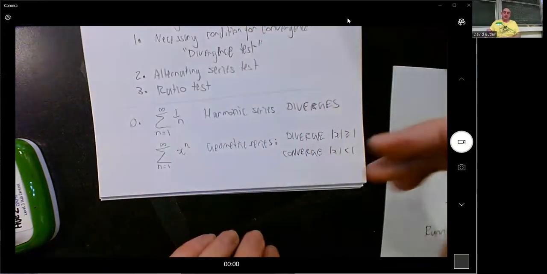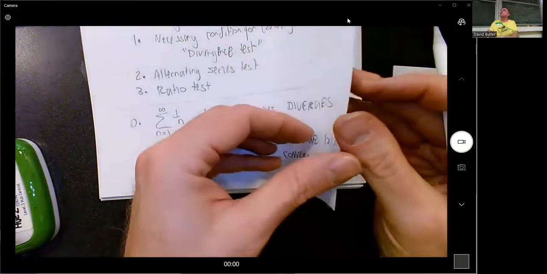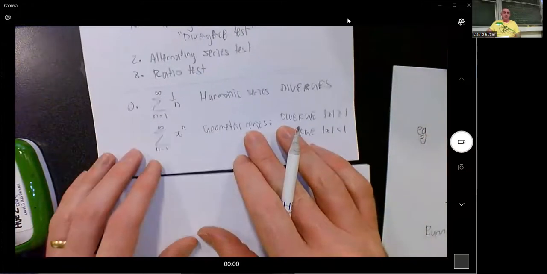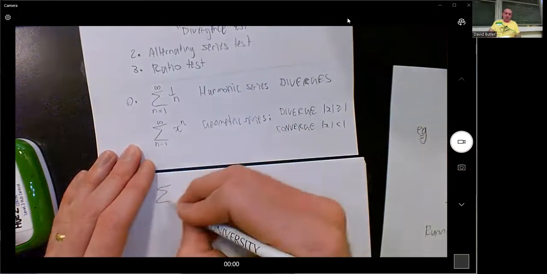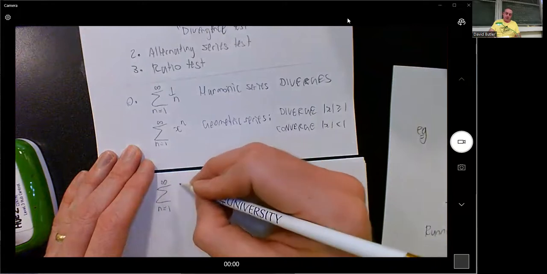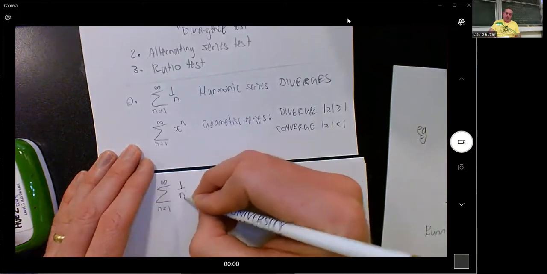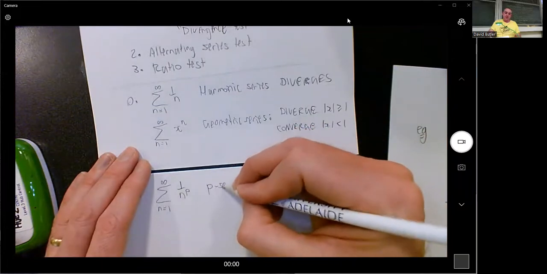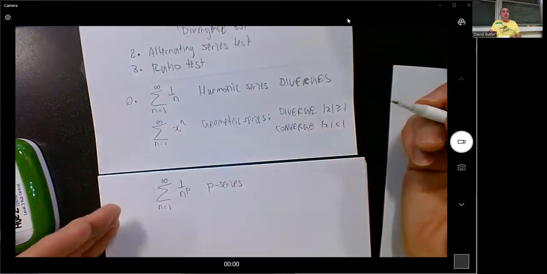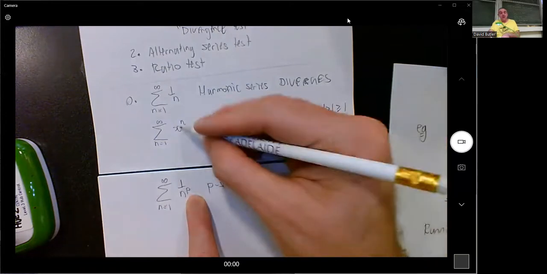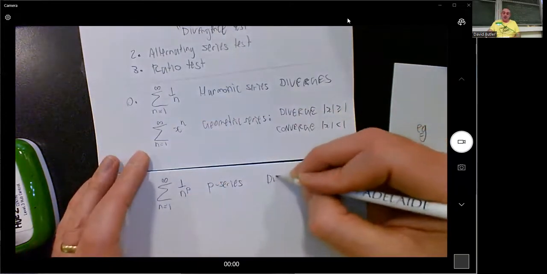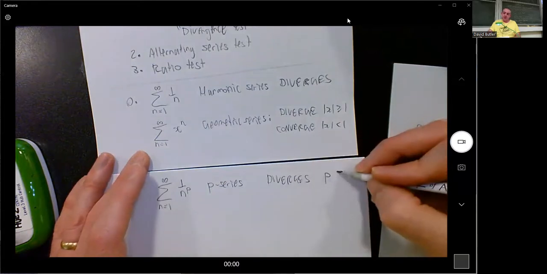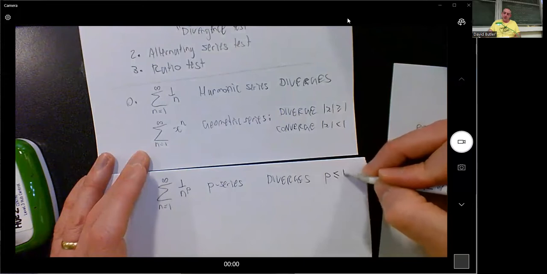And then what's the other ones? Oh, there's 2 more. This is a P series, they call it. So it's not a power series because the unknown is in a different spot to what it is for this, but it diverges when P is less than 1 or equal to 1.